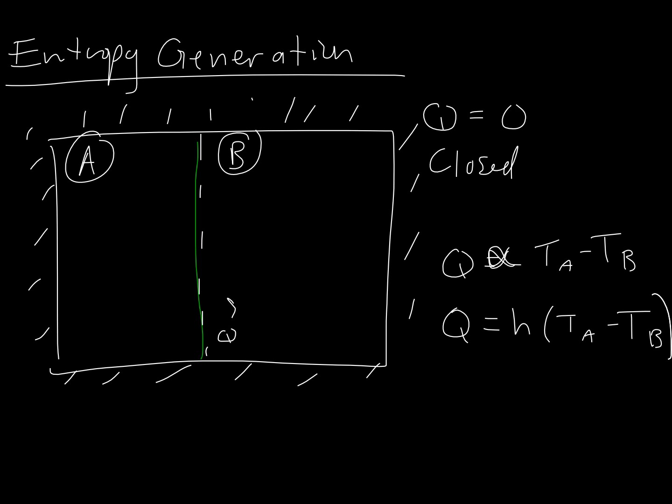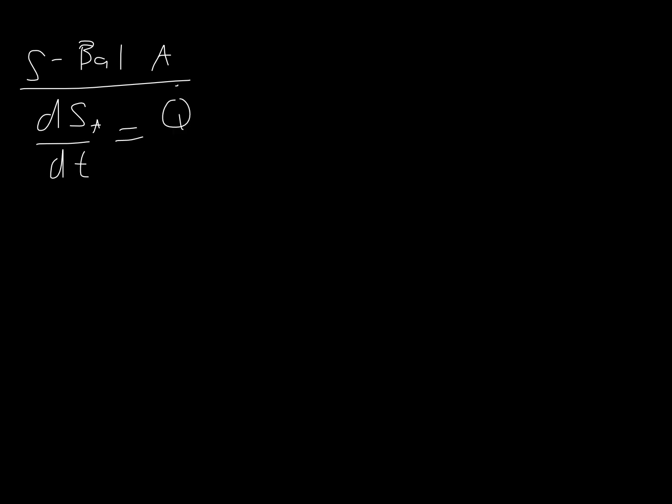If we look at our entropy balances, if we do an S balance on just system A, we have dS_A/dt is equal to Q dot over T plus S gen. What we're actually going to say is that on the A side, there's no entropy generated. Everything's perfectly homogeneous and nice.